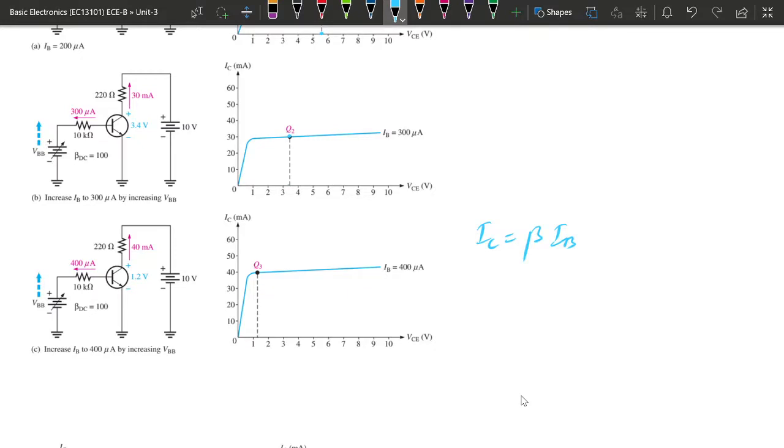Then VCE will be VCC minus IC RC. So from there we can get the value of VCE. VCE is coming out to be 1.2. So 1.2 and 40 will be another operating point.